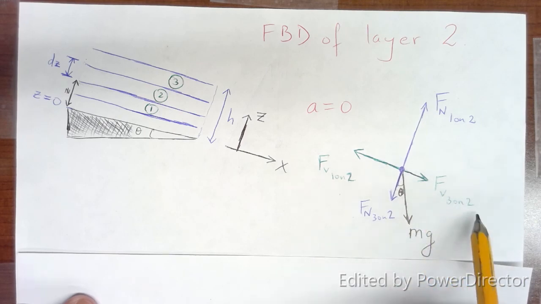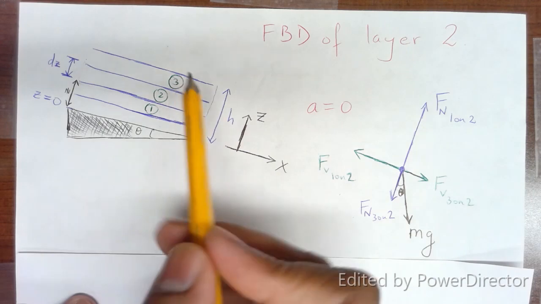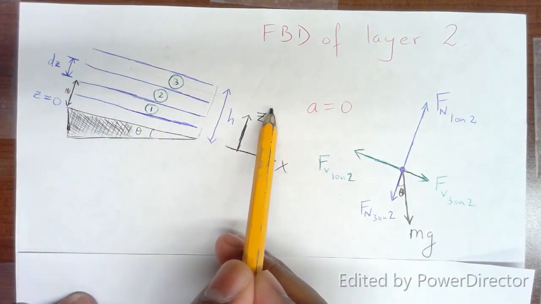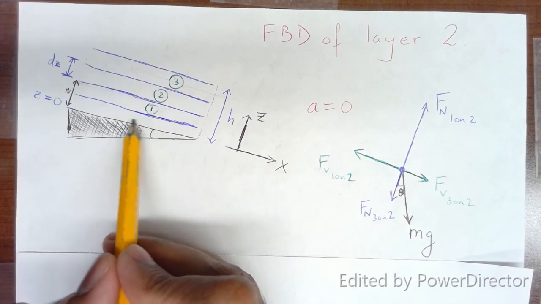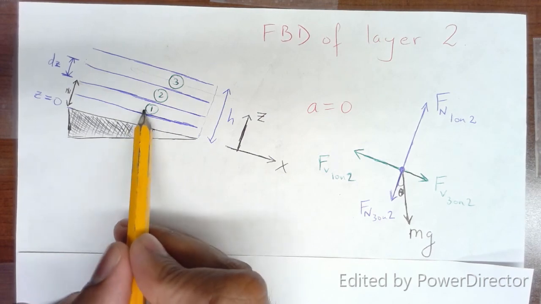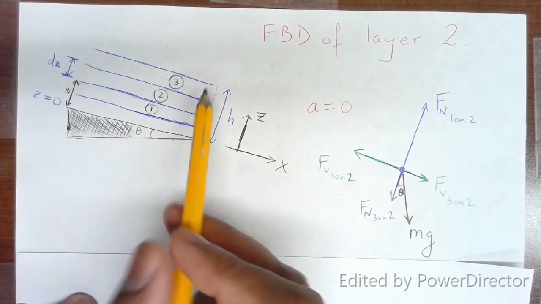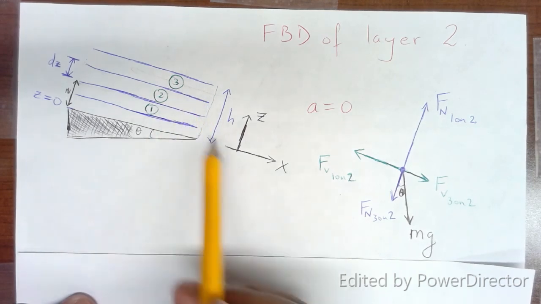The viscous force of layer 3 on layer 2 is pointing forward, because this layer is traveling fairly fast. This layer is trying to be still, this layer is slow. So layer 1 will try to slow down layer 2, layer 3 will try to speed up layer 2.